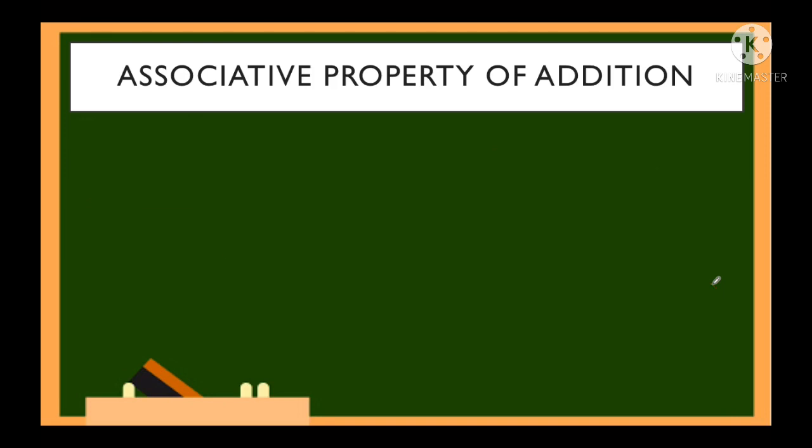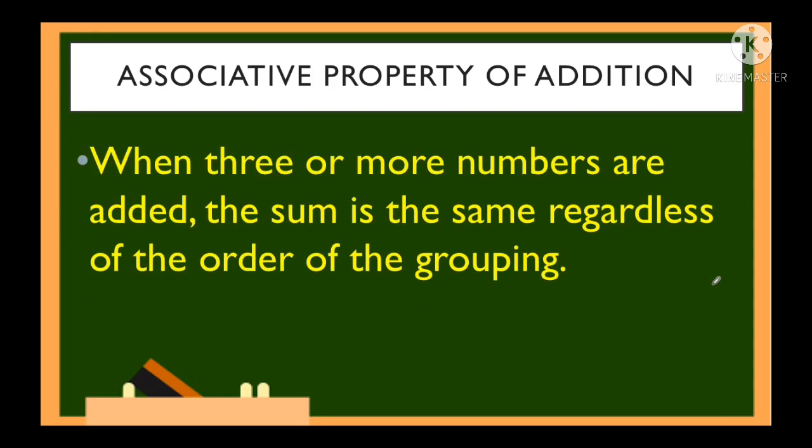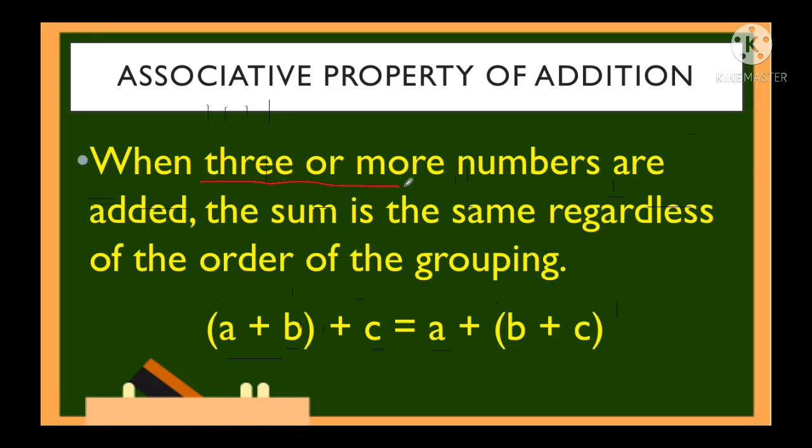Again, when 3 or more numbers are added, the sum is the same regardless of the order of the grouping. Okay, that is associative property of addition. Again, remember, associative is only for 3 or more numbers. If you have only 2, then you can just use commutative property.